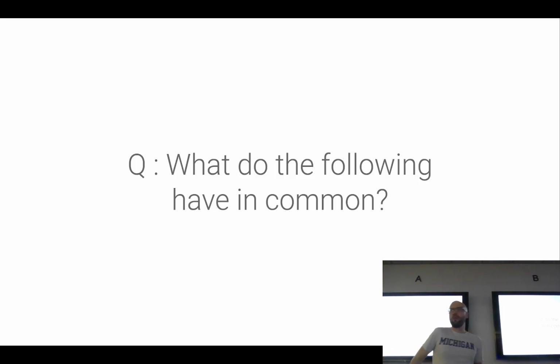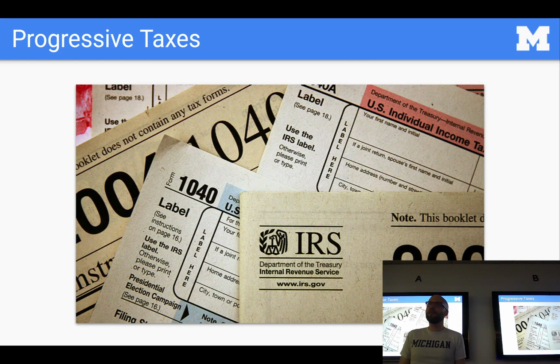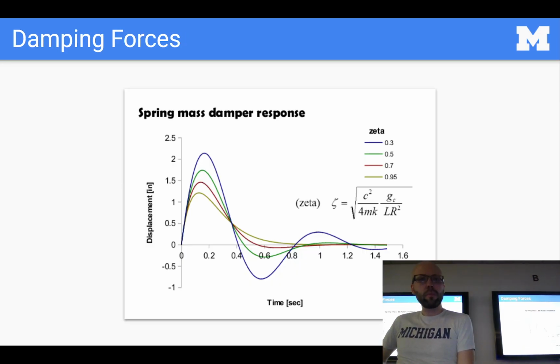So, I have a question for you. What do the following three things have in common? Progressive income tax schemes. This is where the more money you make, the more you pay. Dampening forces.